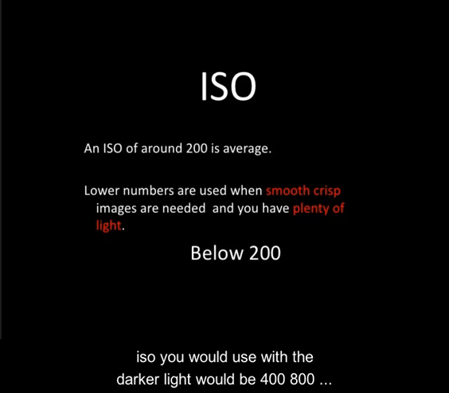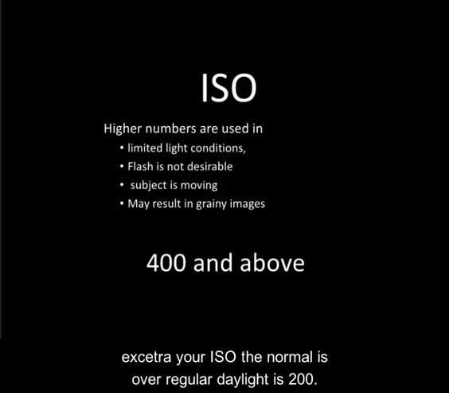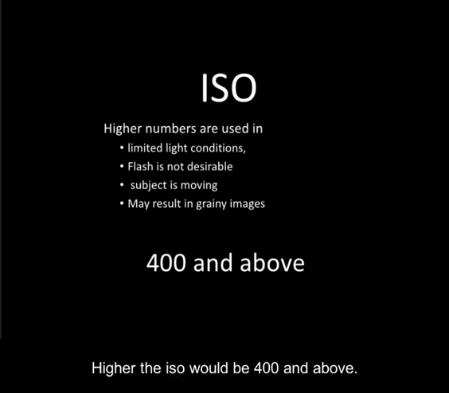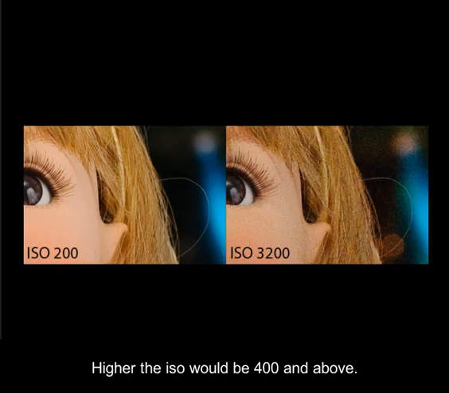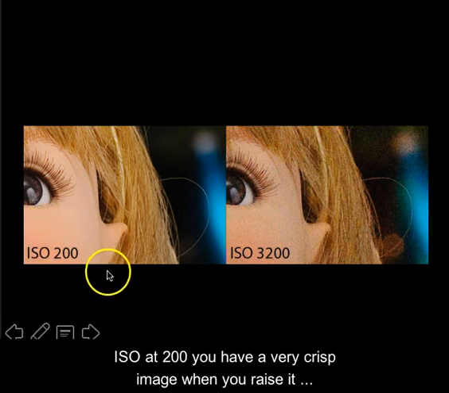The normal ISO for regular daylight is 200. The higher ISO would be 400 and above. Here's an example of what happens when you raise your ISO. At 200, you have a very crisp image.